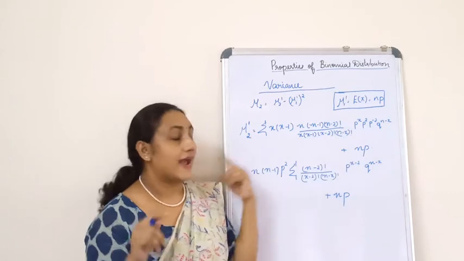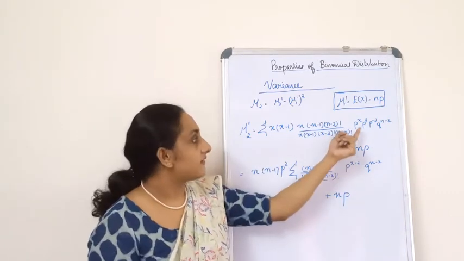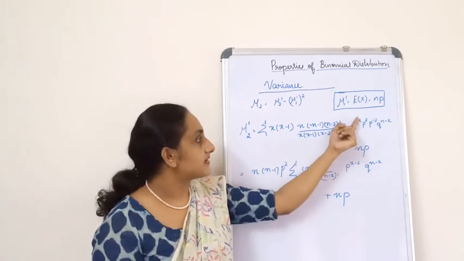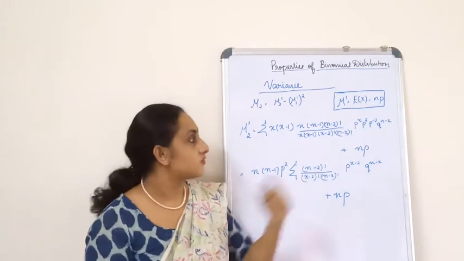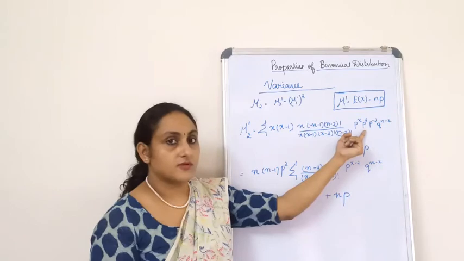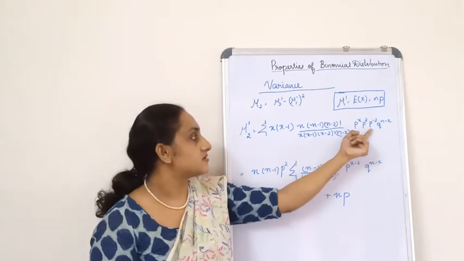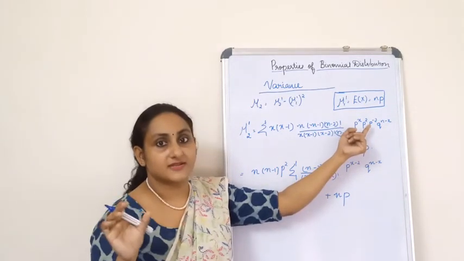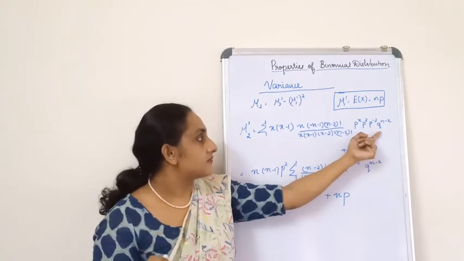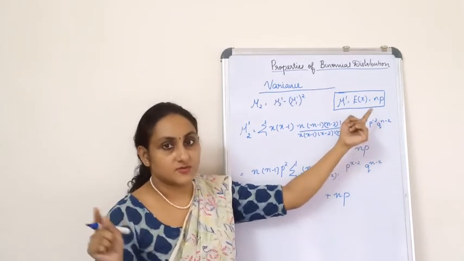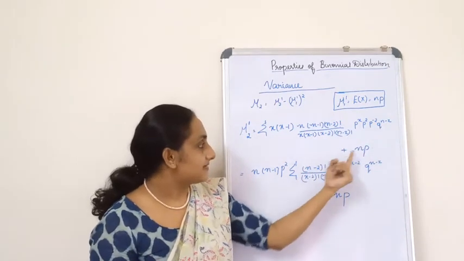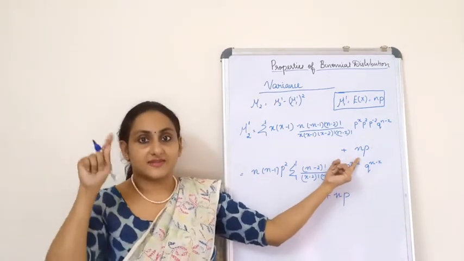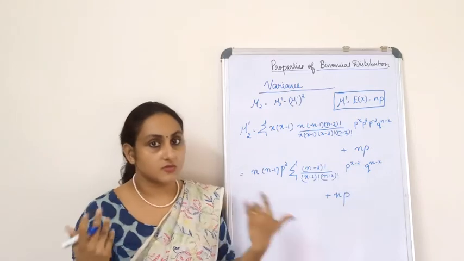Now here you would add a p raised to x, so for that I'm going to write p raised to x, p raised to 2 multiplied by p raised to minus 2. So I'm going to introduce a p square over here, and at the same time a p raised to minus 2, so the effect is null. And then I'm going to write q raised to n minus x, which was written in the previous step, plus np. I hope you all know how the second term turned up to an np.